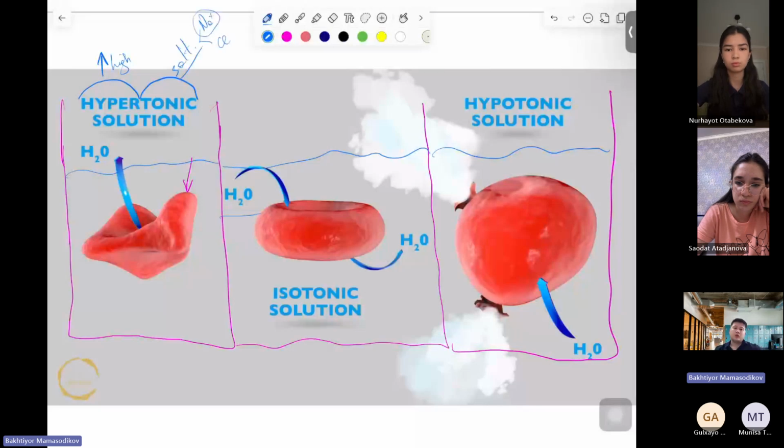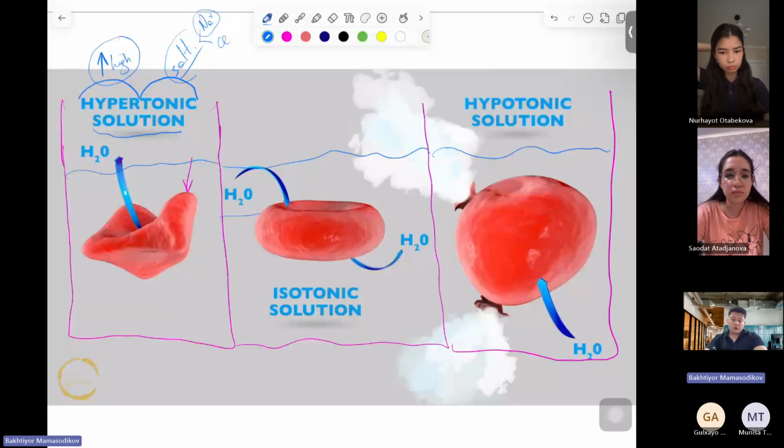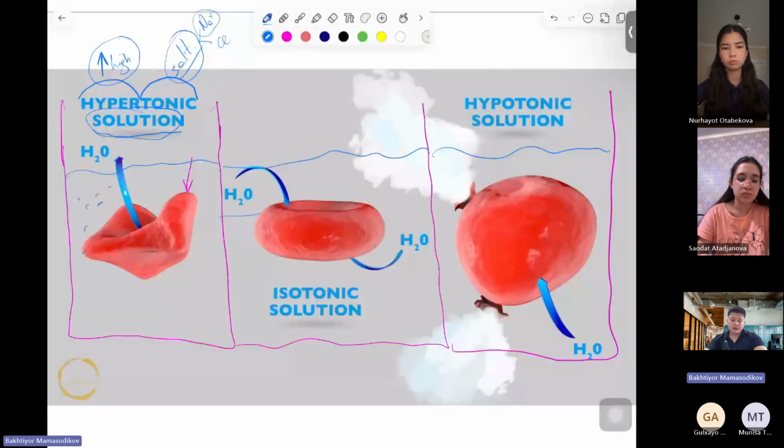So imagine a hypertonic solution. If you say solution, we understand it means water molecules. That means a lot of salt in water. We have a lot of salt molecules and ions in the water.